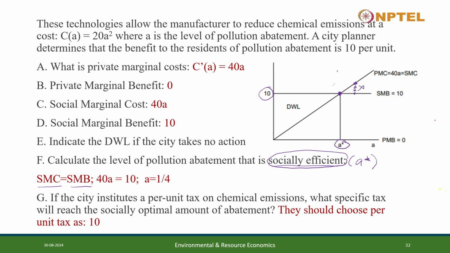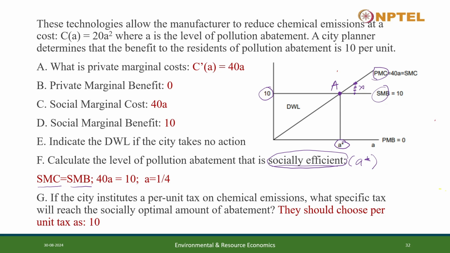Here the benefit is lesser and the cost is higher. This is the optimality beyond which the marginal cost will be more than the marginal benefit, which is not desirable, right? So we have to equate the social marginal cost and social marginal benefit.